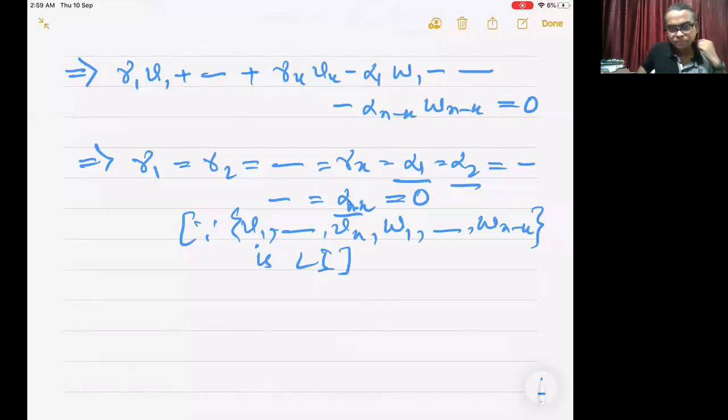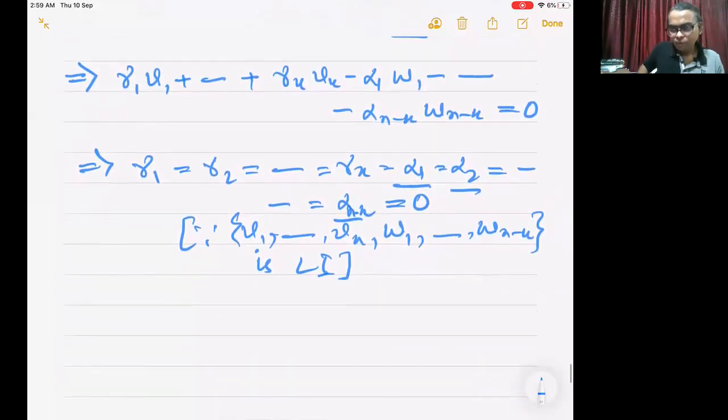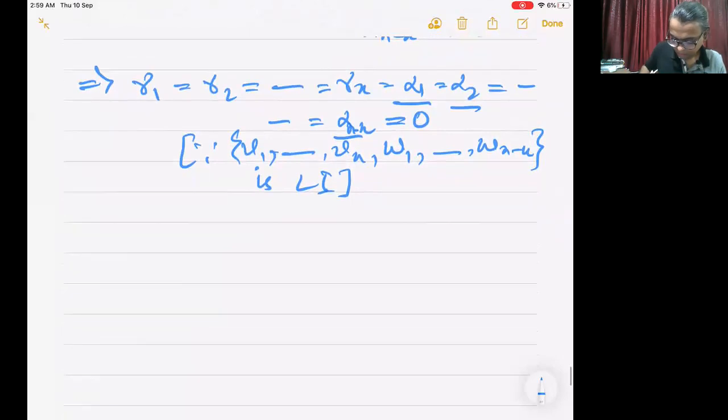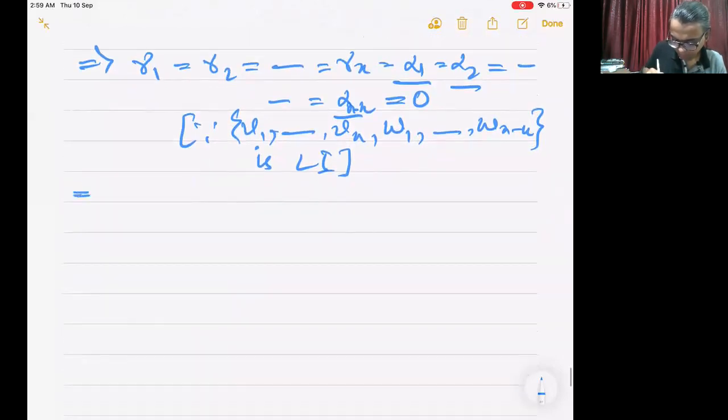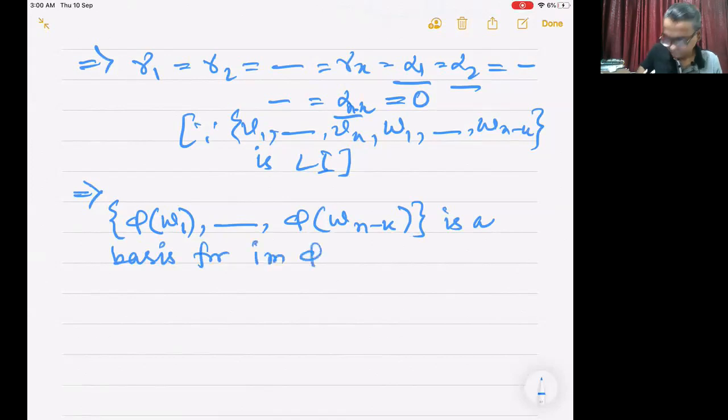Is that all right? So then they're linearly independent, which means they must span. So this implies this set phi w1 dot dot dot phi wn minus k is a basis for the image of phi.